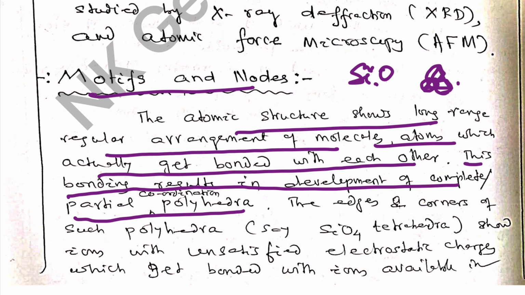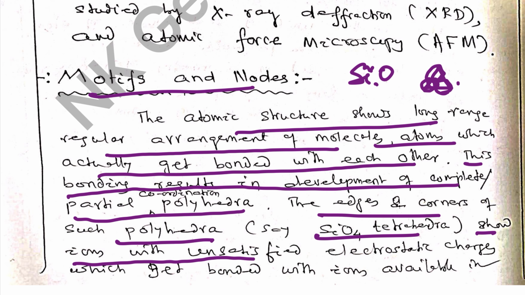So atoms and molecules combine with each other to form coordination polyhedra, as a result of which the crystal gradually develops. The edges and corners of the polyhedra, say the SiO4 tetrahedron, show ions with unsatisfied electrostatic charges.